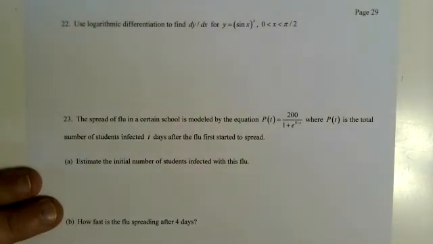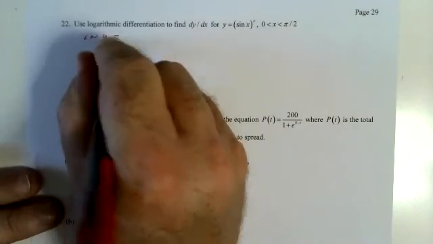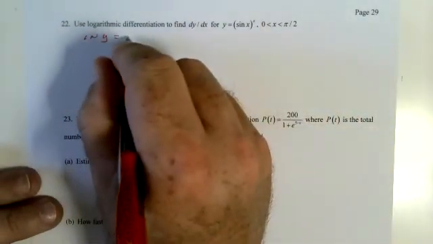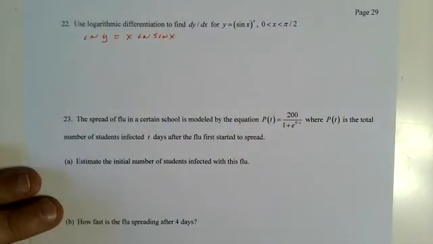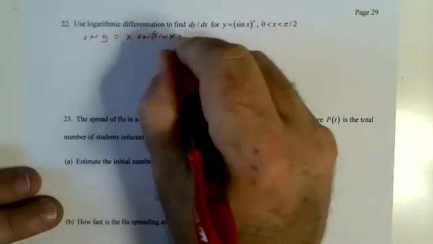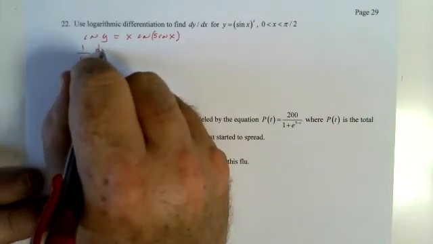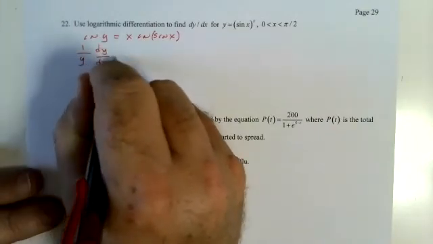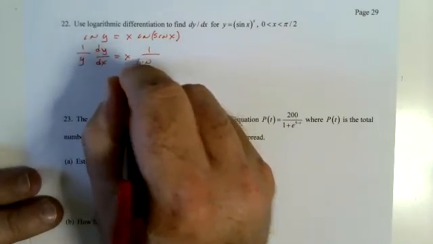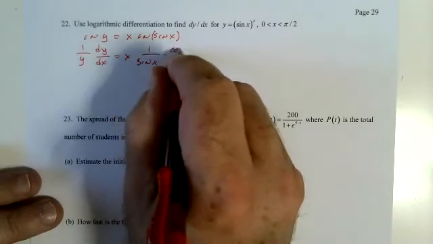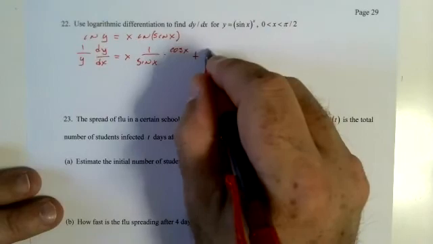Logarithmic differentiation. I think we want to go natural log of y equals x natural log of sine of x. 1 over y, chain rule, dy dx equals, leave it, over sine of x times cosine of x plus derivative and leave it.